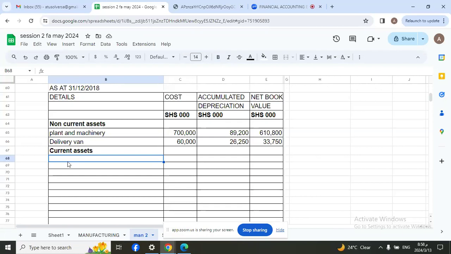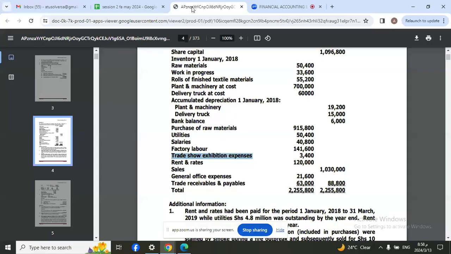We need to check. So my current assets, you see I have my bank balance of 6,000.